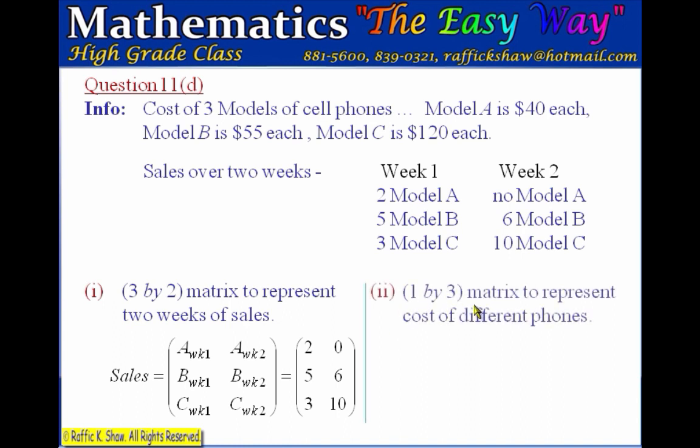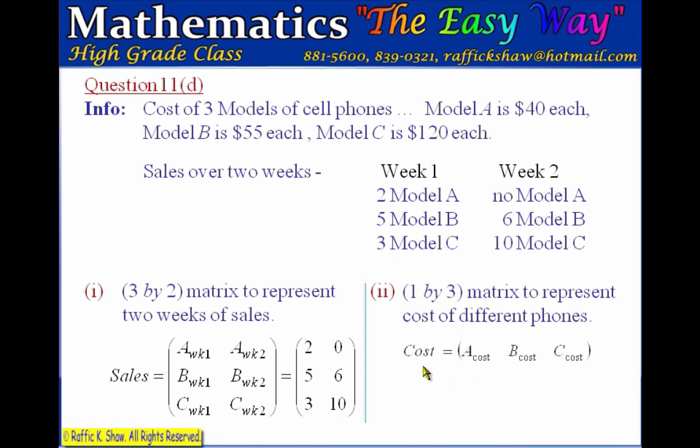Part 2 wants us to write a 1x3 matrix which represents the cost of the different phones. We are talking about 3 phones with 1 line of cost. And so we'll put the 3 phones down the 3 columns and the line of cost in the 1 row.